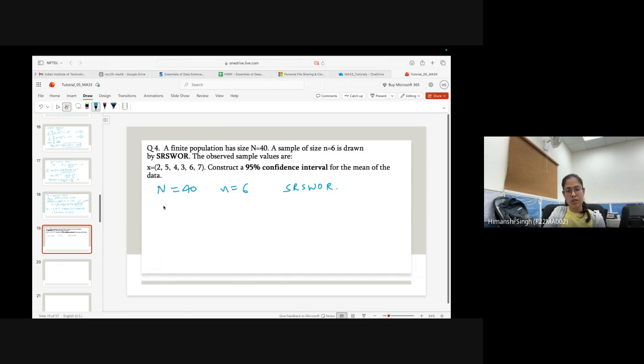Since I want to construct a 95% confidence interval, 1 minus alpha is 0.95, which implies alpha is 0.05, which implies alpha by 2 is 0.025, and which implies 1 minus alpha by 2 is 0.975. So 1 minus alpha by 2 is of interest because we want to calculate that quantile point by using the command. That's why I've calculated 1 minus alpha by 2 beforehand.